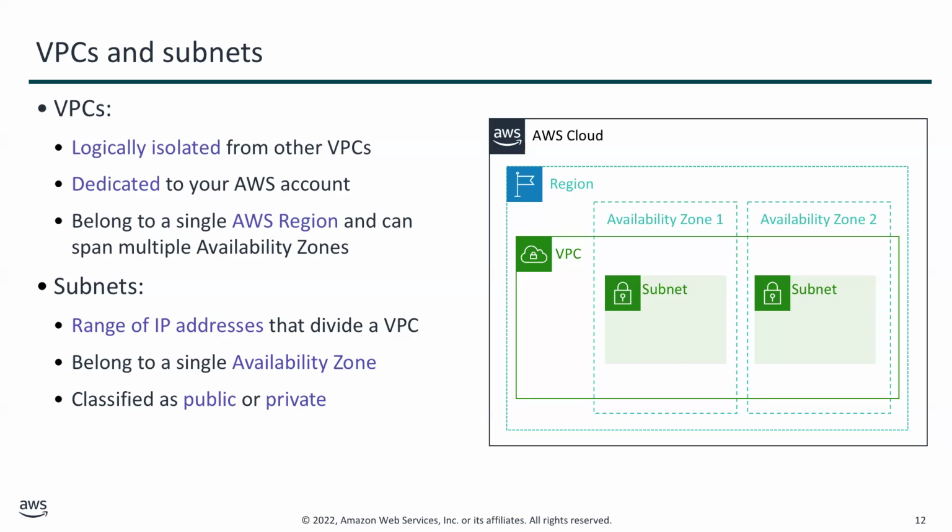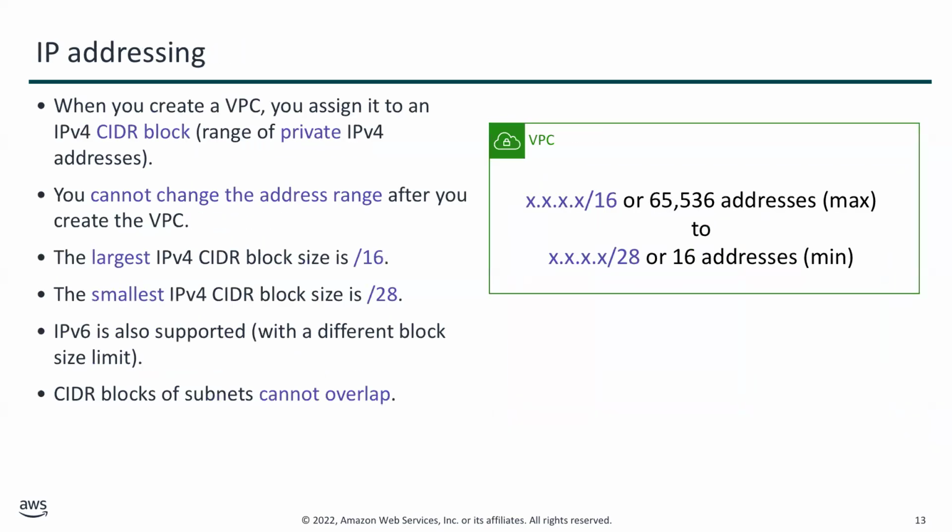In public subnets, you will keep resources which are public, that means they can be accessed from outside, for example from the internet, or from your office if you have a VPN set up. In a private subnet, you keep resources to which you don't want to give access. That's why they are named public and private.